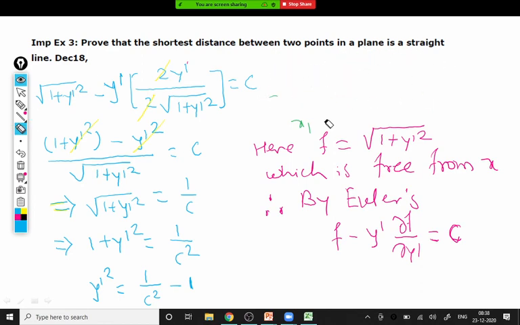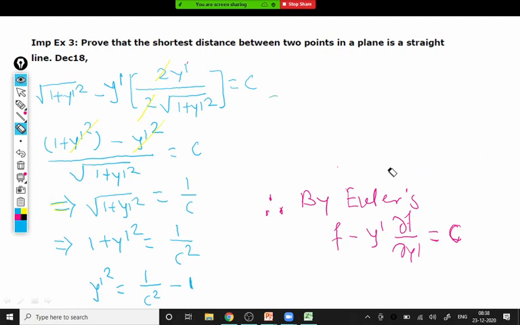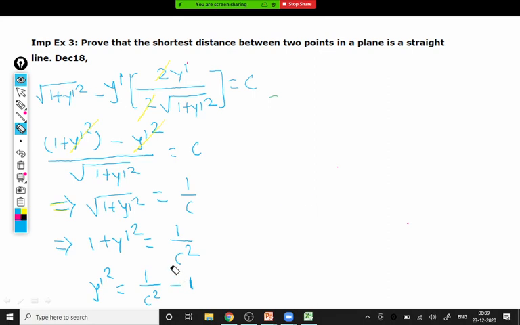Taking the square root on both sides, y dash is the square root of (1 by c square minus 1).